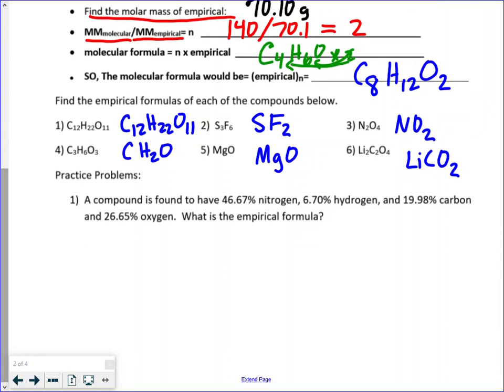So if you want to take a look and check your answers for those real quick, you can go ahead and do so. 2 of them remain the same because they're not reducible, 1 and 5. The other ones, just look for the common factor and reduce by. I'm going to start setting up number 1 down here.